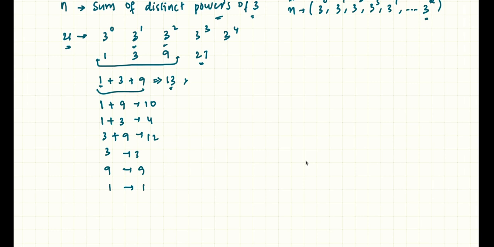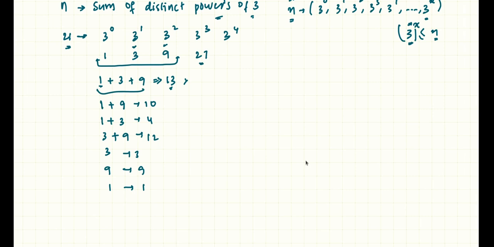If 3 power x exceeds n, that means we cannot include it. So we should include a power which is less than n. So x can go all the way up to some number whose power is less than or equal to n.